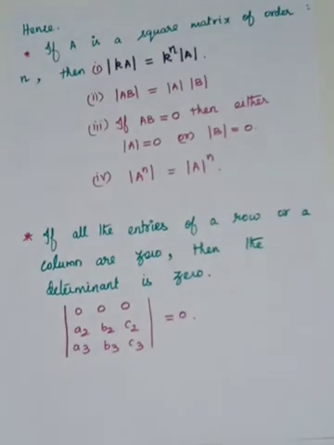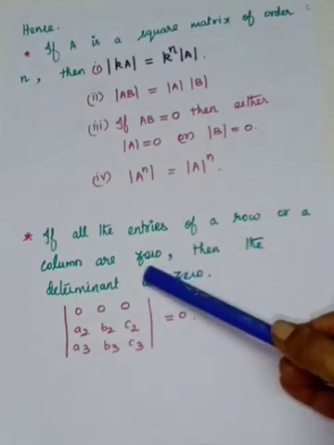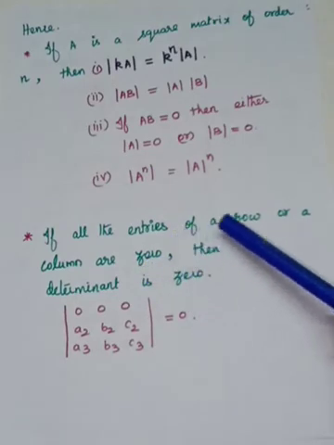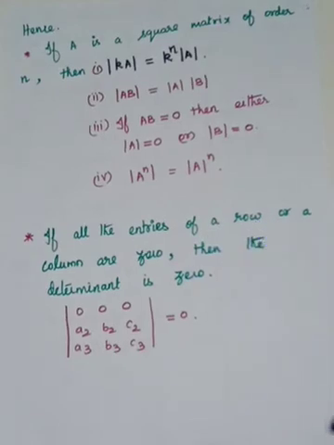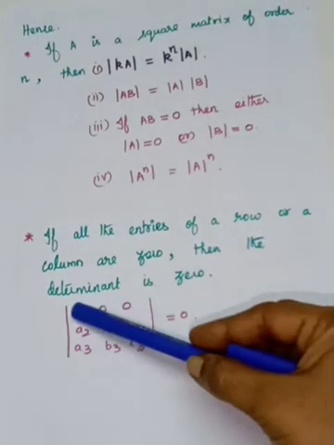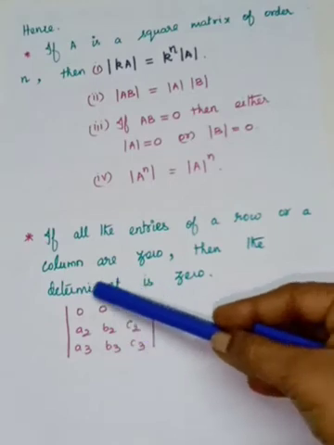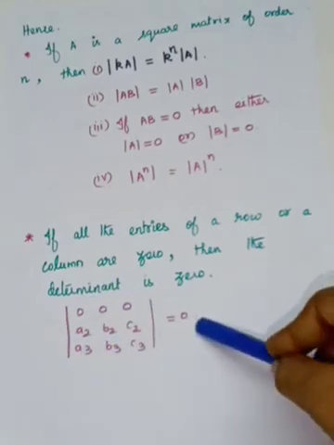You see the next one. If all the entries of a row or a column are 0, you will consider only one row, in that all the entries are 0, the value of the determinant is 0.